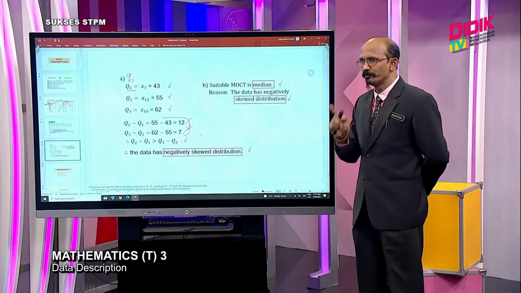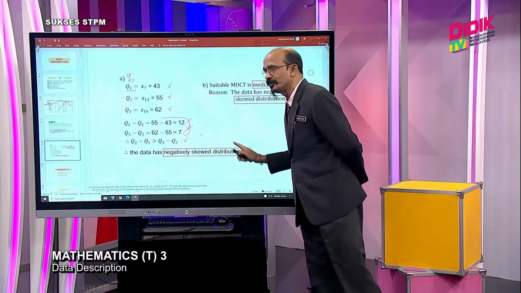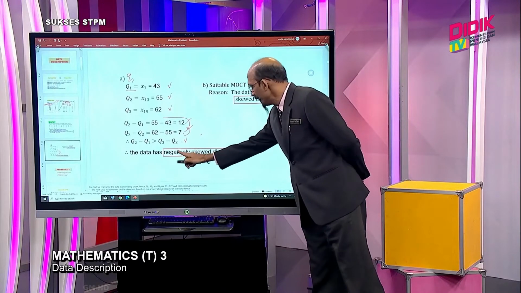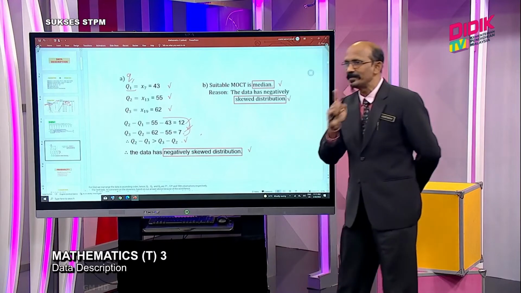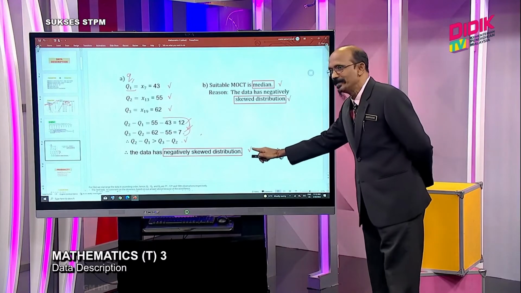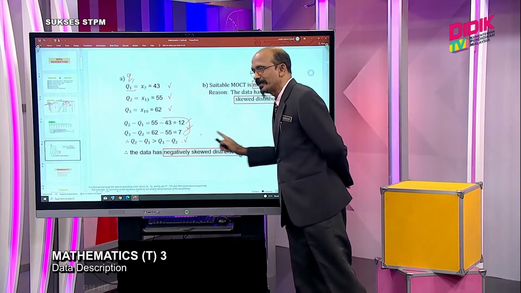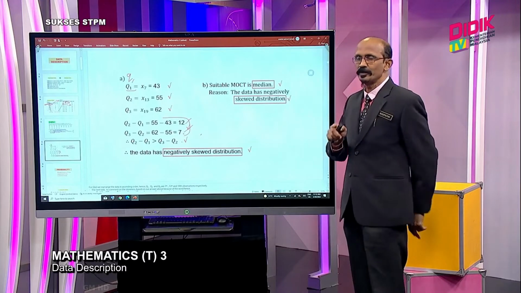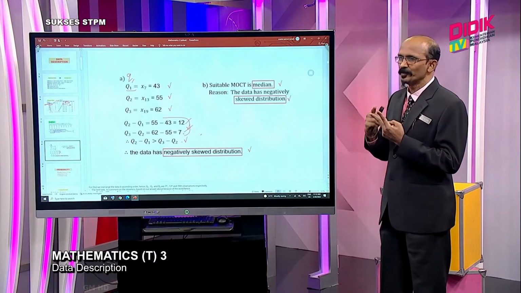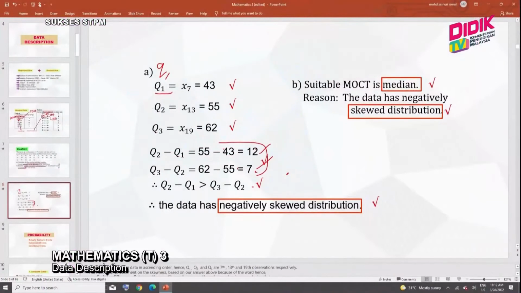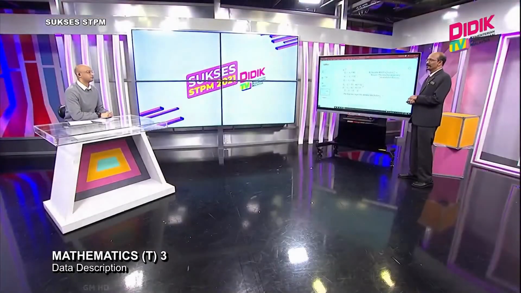The most important word here is negatively. If you fail to write the word negatively, marks will be deducted. That means this one will be wrong, even though your working here is correct. Because skew means we have two types of skewness: one is positively skewed, another is negatively skewed. So if you never write the word negatively, it might be positively skewed. That would be the wrong answer.